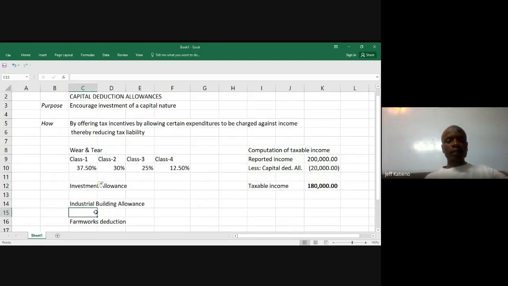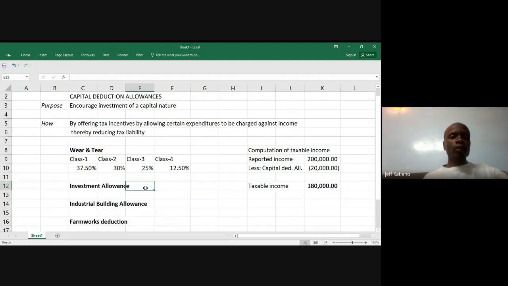With the previous regime, if you were buying furniture, you had to know which class of wear and tear furniture qualifies in.